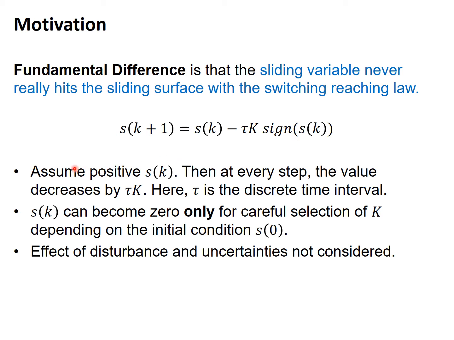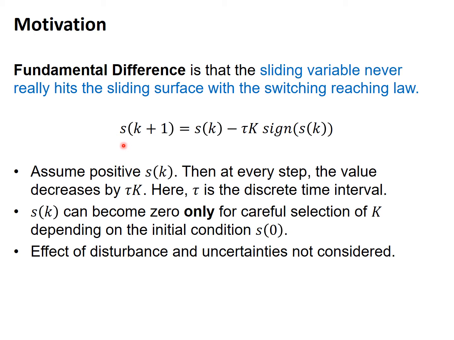And here, suppose we start from any s_k, then at every step the value is decreasing by tau K, correct? So is there a possibility that s_{k+1} or s_k can be 0 at some time?